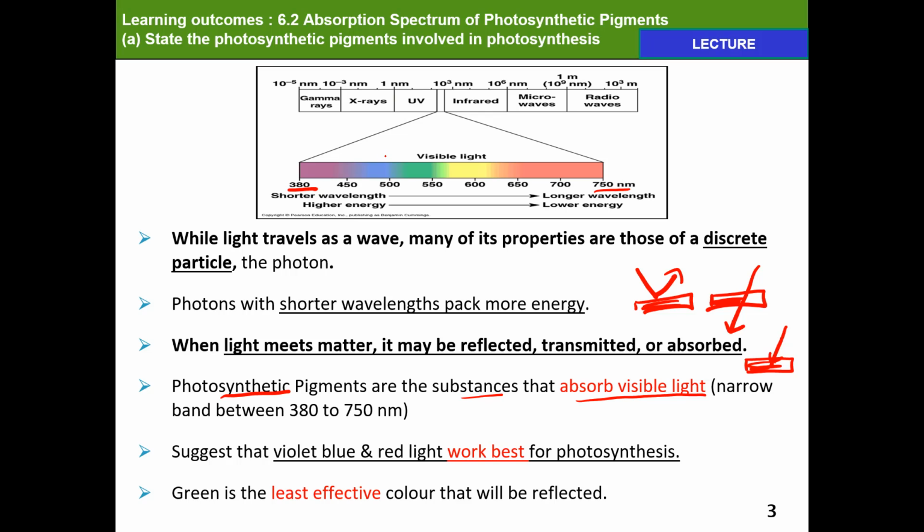This is the best area where light is absorbed by the photosynthetic pigments. Green is the least effective color, and it will be reflected.